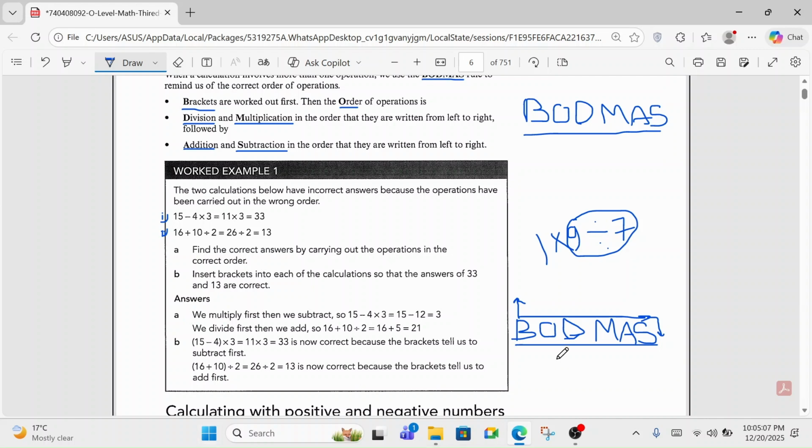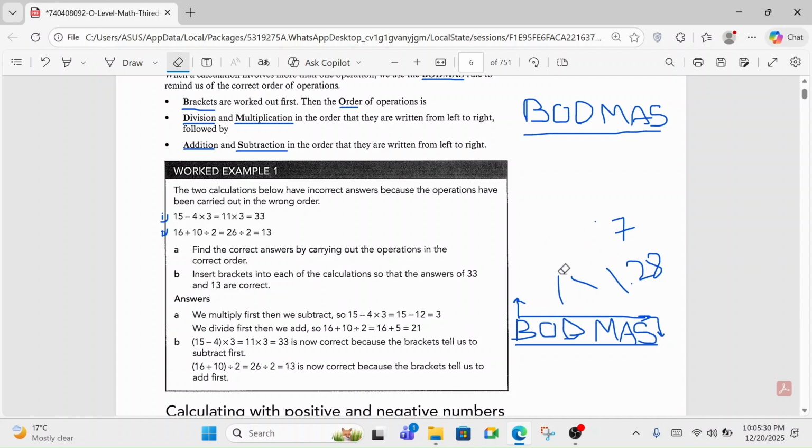Because division is before multiplication, so this is what you would do. And after you're done with this, 9 divided by 7 is 1.28 something, so then you do 1 times 1.28. Okay, this is just an example.